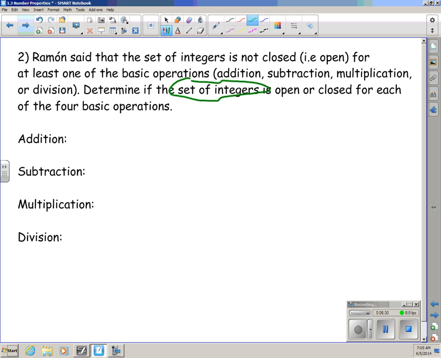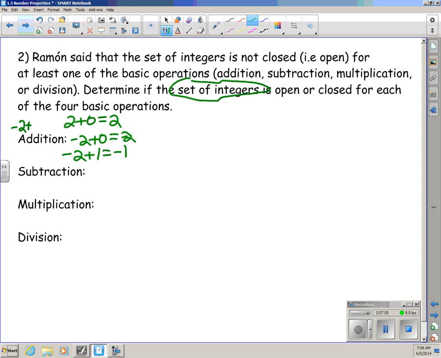Addition: I want to practice adding some integers together and see if they produce integers. So you should try positives, negatives, and don't forget about 0. So say you add, 2 plus 0 produces 2. Well, when I added those 2 integers, I got an integer in the set. Negative 2 plus 0 also produces -2, a number in the set. Negative 2 plus 1 produces -1. That's another integer in the set. And what if I tried 2 negatives?